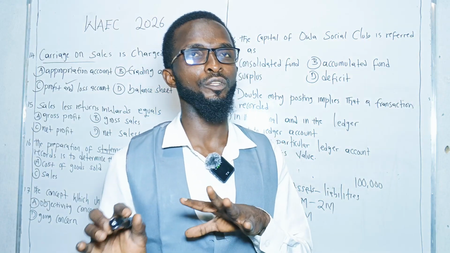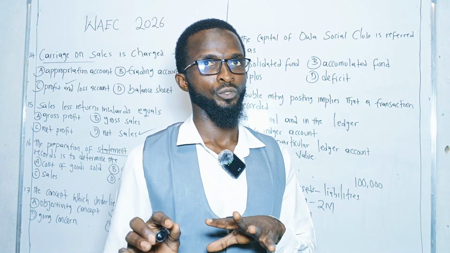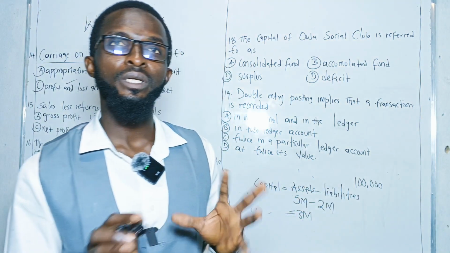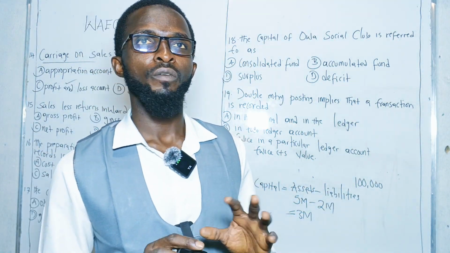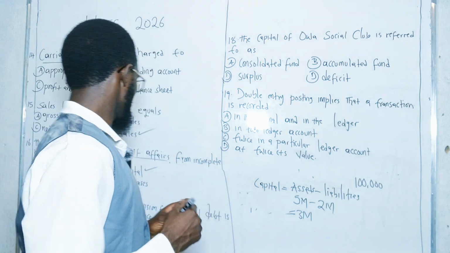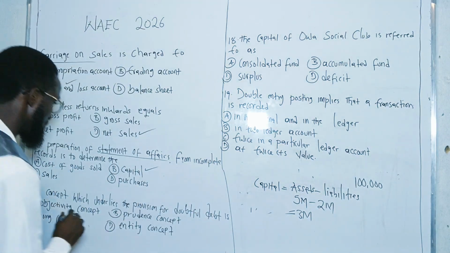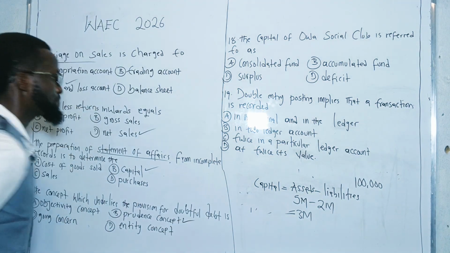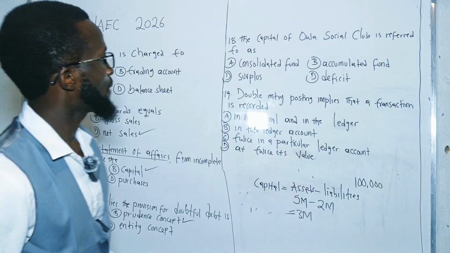It might come, it might not come. So this is prudence concept: do not overstate your assets or your profits. So the concept that emphasizes that is prudence concept. That is B also.